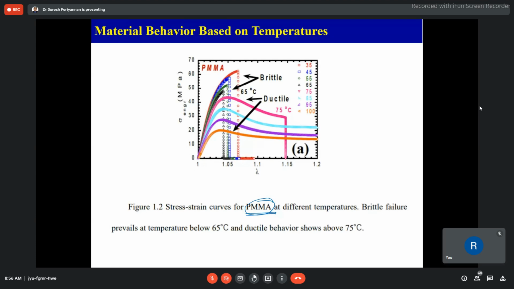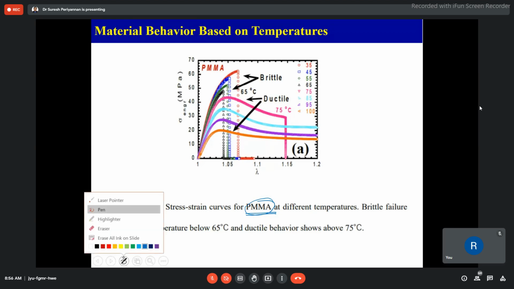See here, up to 65 degrees Celsius, the material behaves in a brittle manner. But when you go above 65 degrees Celsius, the material behaves like ductile. See here, yeah.